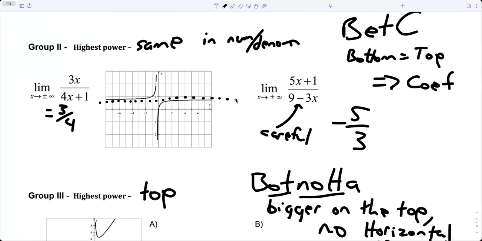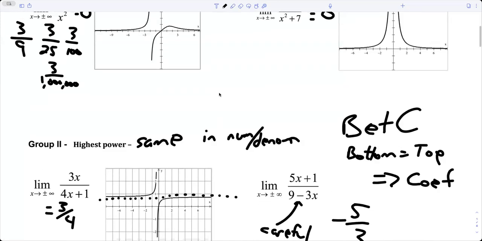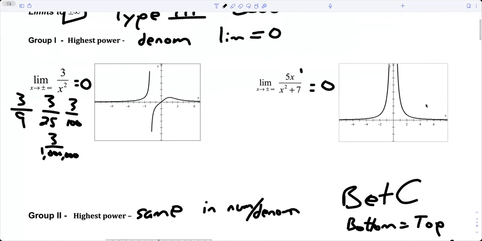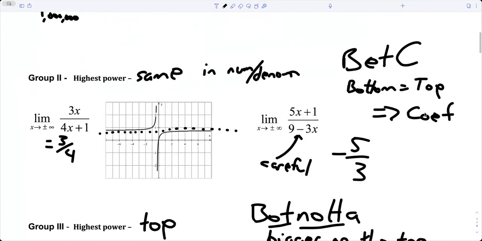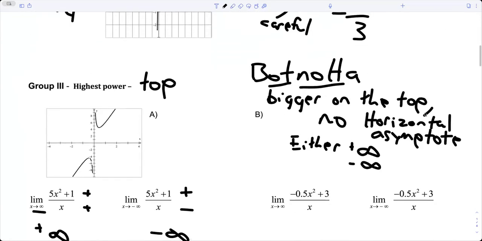It's 3/4, right? Well, what's the value of the horizontal asymptote here? 0. And the value of the limit is 0. Well, if it's going to positive or negative infinity, then there is no horizontal asymptote. Because this graph is going up, this graph is going down, and it's not approaching any horizontal line as it goes way, way out there.